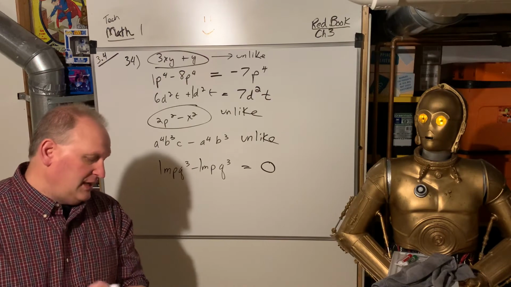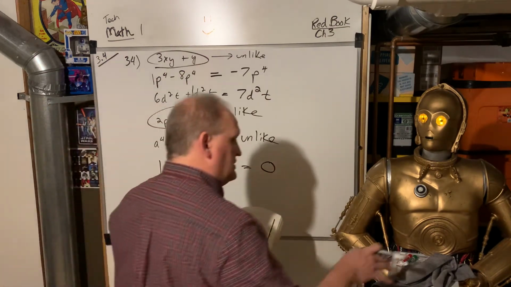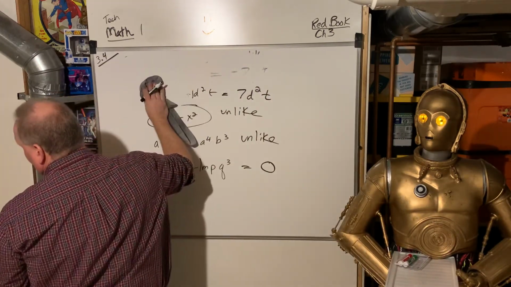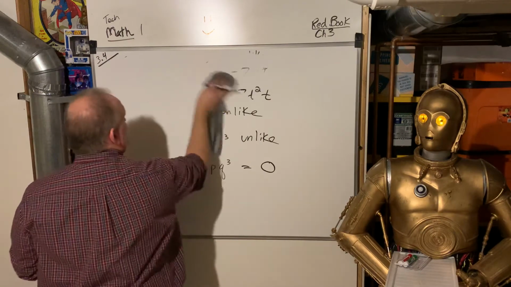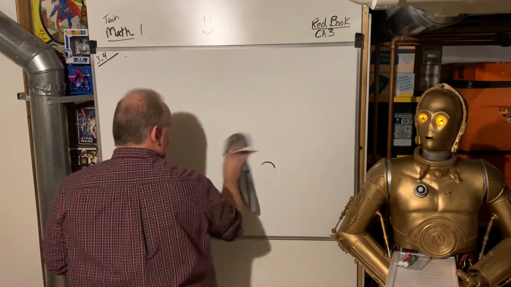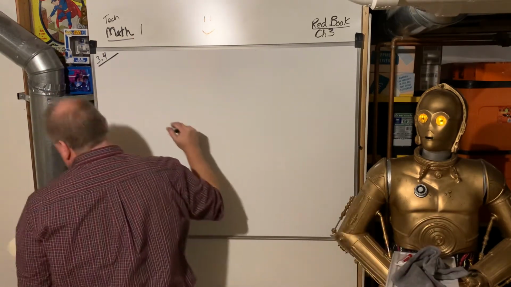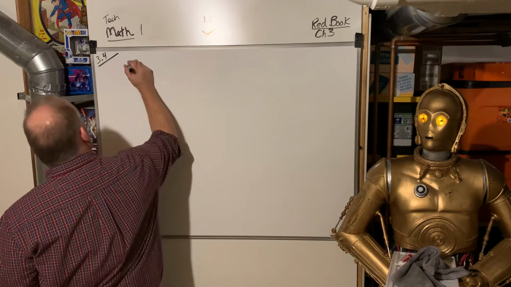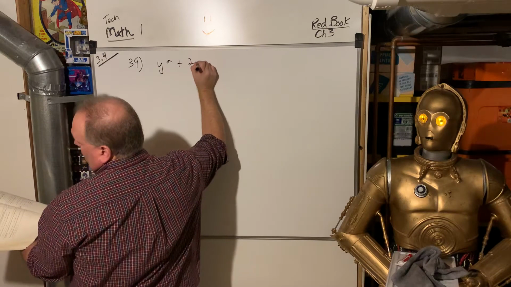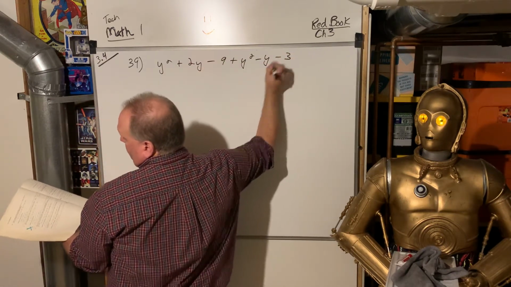Okay, and then one last one I wanted to do where you add up like terms is 39. On page 140, remember we're in the red book. So they got y squared plus 2y minus 9 plus y squared minus y minus 3.